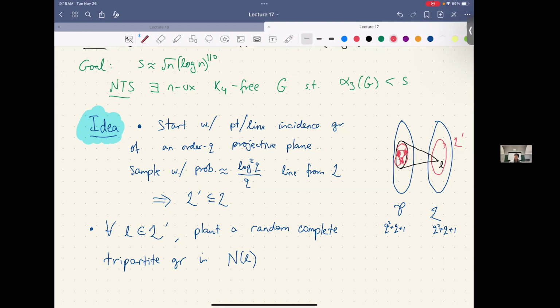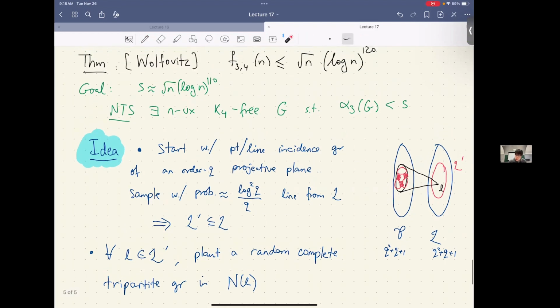Why do we now do complete tripartite instead of complete bipartite? Because our goal is what? Before, in Ramsey, we wanted the independence number to be small. To have the independence number small, for every small set, we want to see some edges there. So a bipartite graph will do the job. But now we want the alpha 3 independence number to be small.